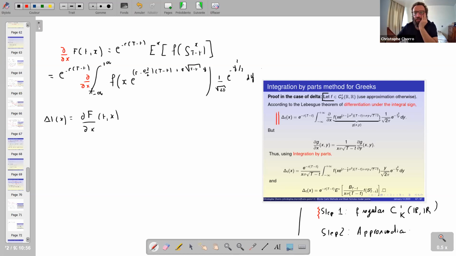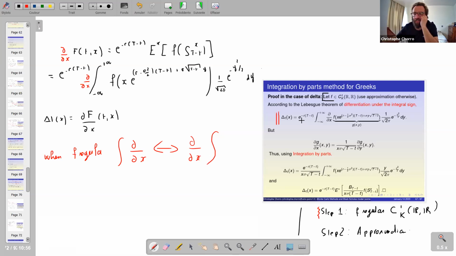When f is regular, you can invert the derivative and the integral using Lebesgue type theorem. I have the right to invert using Lebesgue type theorem.